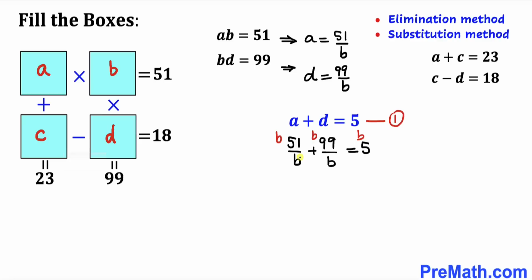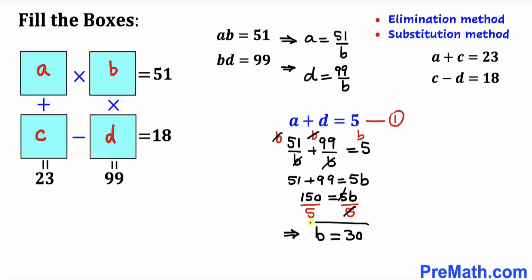This b and b are gone. So we end up with 51 plus 99 equals, on the right-hand side, 5 times b, which becomes 5b. Let's divide both sides by 5 to isolate b. This 5 and 5 are gone. Therefore, our b value turns out to be 30. Thus the value of box b turns out to be 30.